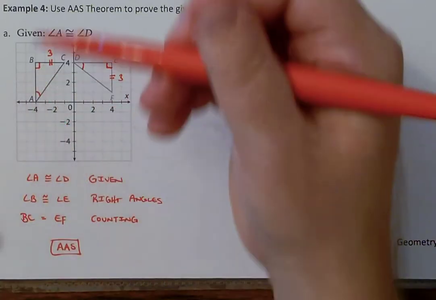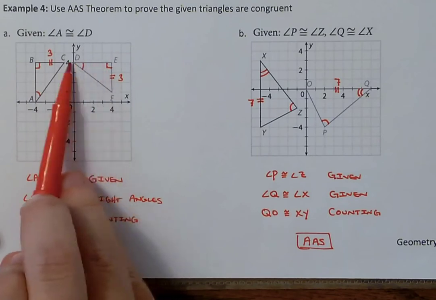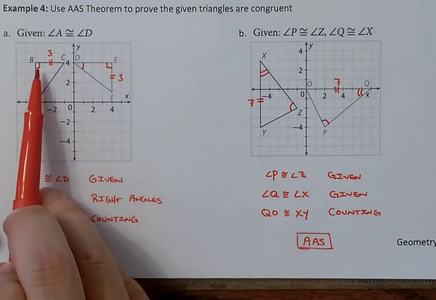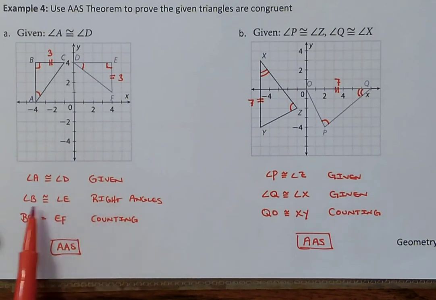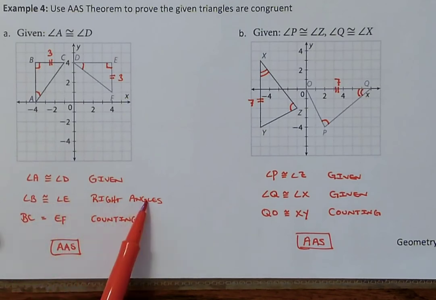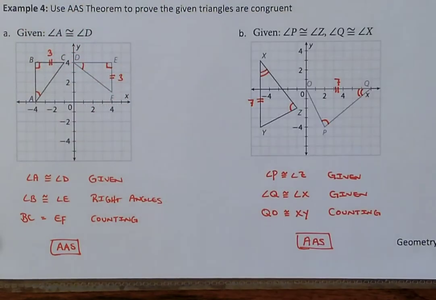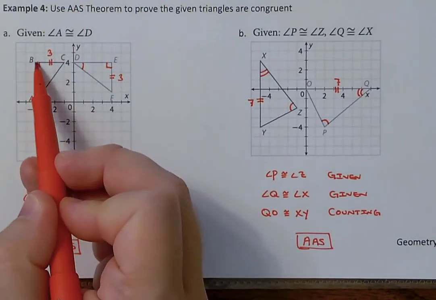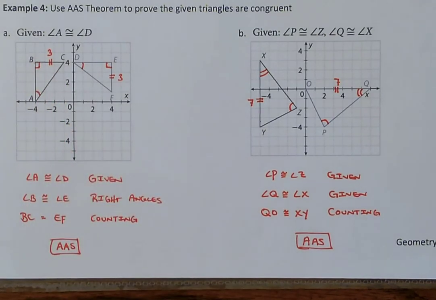But I do know, because these two lines are perpendicular to each other, that angles B and E are right angles. So I know that B and E are congruent because they're right angles, because I have my corner right there. So because I have my corner, these two lines are perpendicular. One's vertical, one's horizontal. That means they form a right angle.